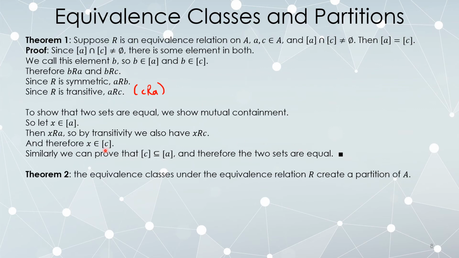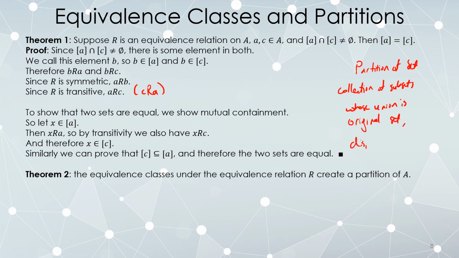Theorem 2. If you have an equivalence relation, and you look at the equivalence classes, you've made a partition. Now just remember, I gave you the definition at the beginning of this slide. A partition of a set is a collection of subsets whose union is the entire set, but also they're all disjoint from one another.